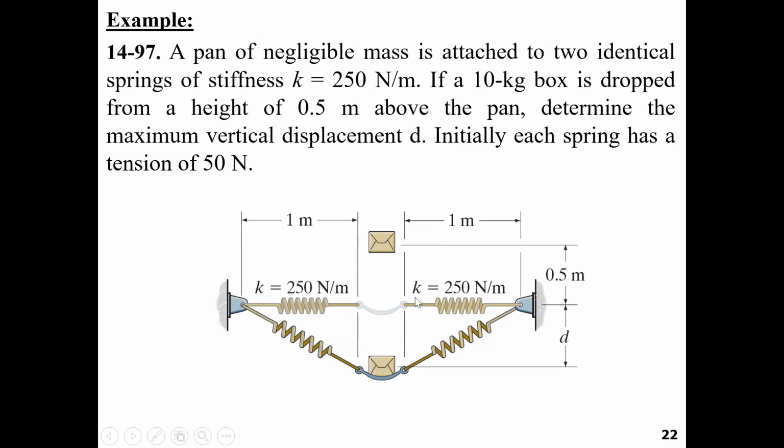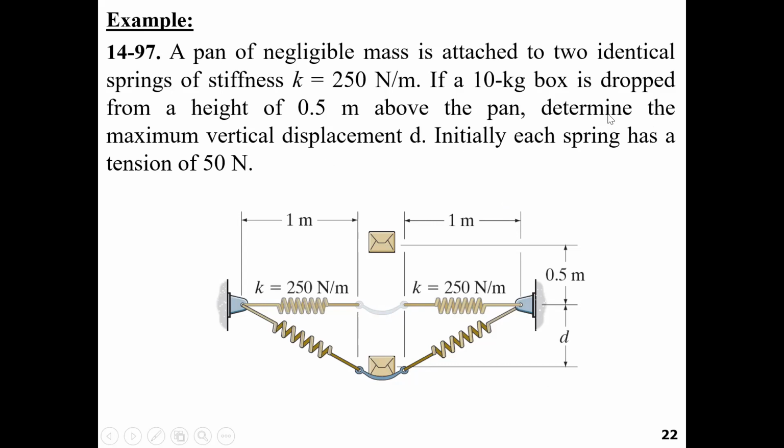You have two springs. The stiffness is given. You have a 10-kilogram box that is half a meter above the pan. You release this from here. It comes down, hits the pan, and because of the springs, they go down and stretch up to here.